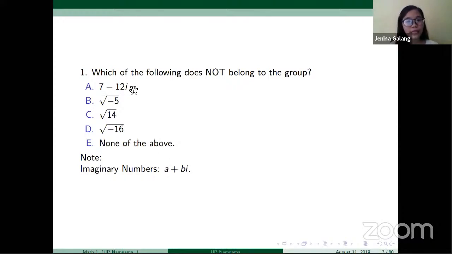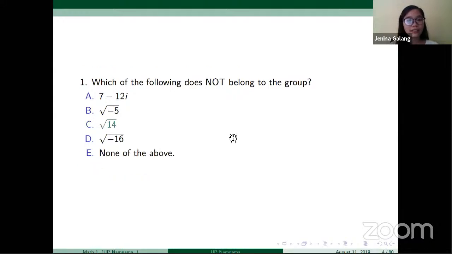So yung a natin is a real part. Also yung the square root of -5, which is 5i. And also yung letter D, the square root of -16 is 4i. So yung real number lang natin here is the square root of 14. So the answer here is the square root of 14.